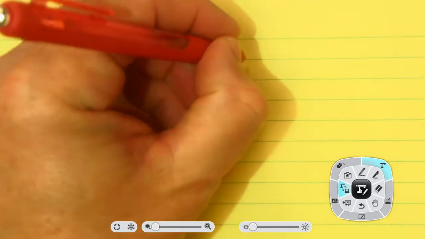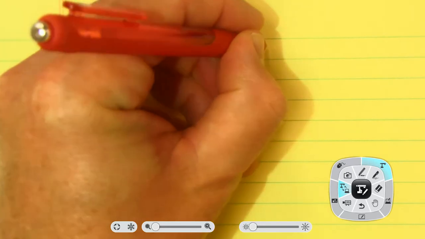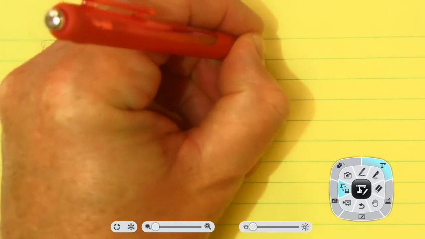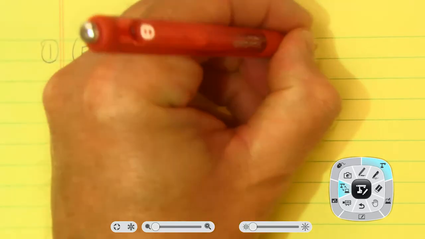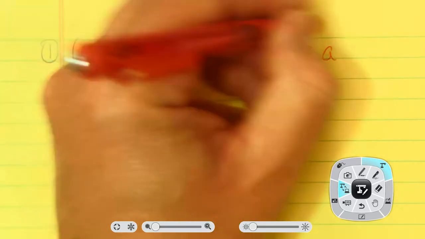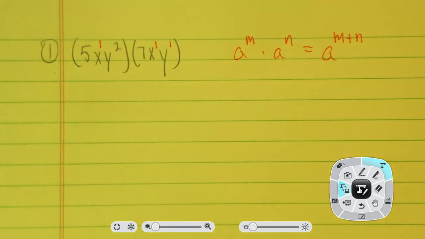If we had a base of A and we multiply it times another base of A, we take those exponents and we add exponents. That's our product rule, the product of powers property, for bases with differing exponents.